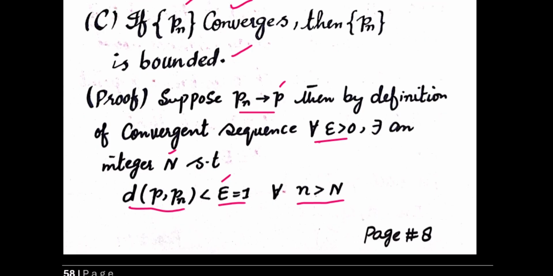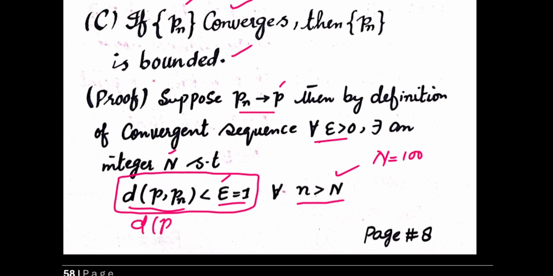Now this is the important and crucial point of this part. Focus on this expression, which holds for all n greater than capital N. Suppose my N is 100. Then the distance d(p, Pn) is less than 1 for all n greater than 100.